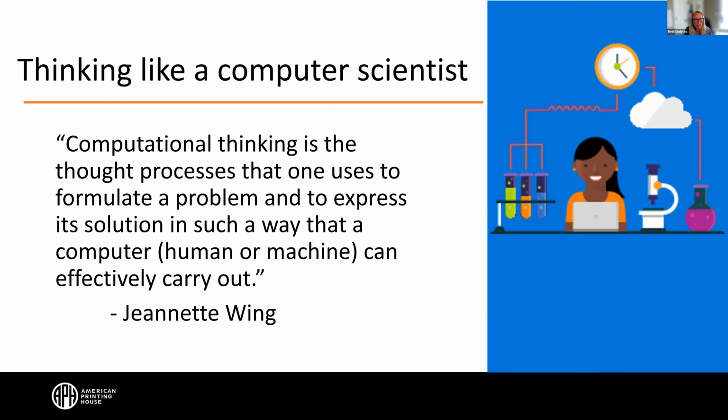Abstraction is when you identify the patterns you see and focus on just the important information. So you might see a full pattern somehow, but there's only part of it that really relates to solving the problem. And algorithmic thinking, when you develop a step-by-step plan, or you develop step-by-step rules to solve a problem.